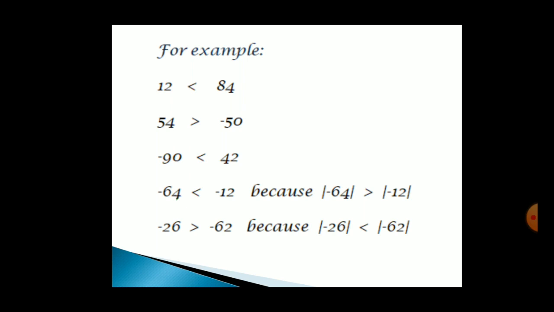By property, the integer with smaller absolute value is greater, and hence negative 64 is less than negative 12. In a similar way, we can say that negative 26 is greater than negative 62 because the absolute value of 26 is 26, the absolute value of 62 is 62. 26 is less than 62 and hence negative 26 is greater than negative 62.